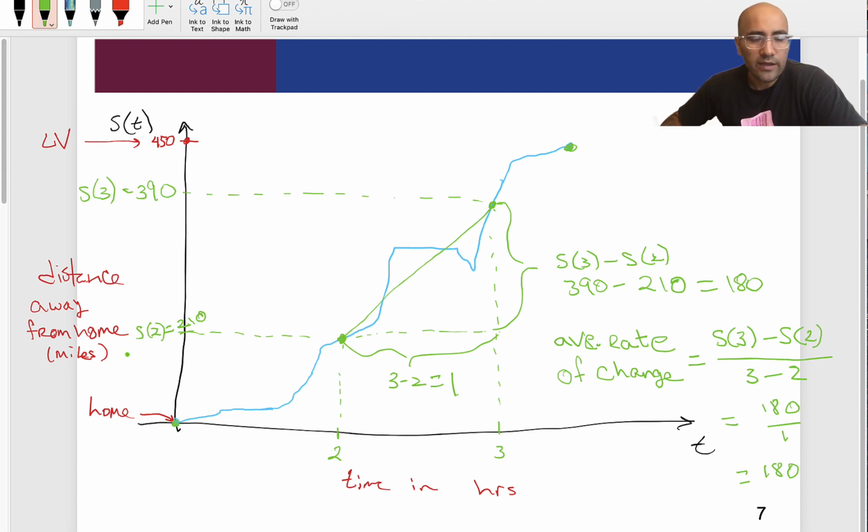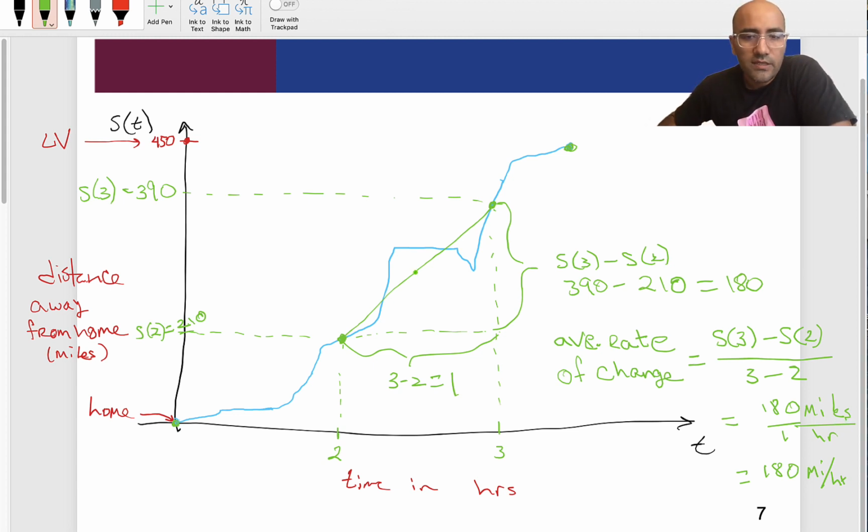And keeping track of the units, this is 180 miles over 1 hour, so traveling at 180 miles per hour. Okay, so I don't know what kind of mode of transportation this is, but maybe not realistic for a car. Hopefully not realistic for a car.